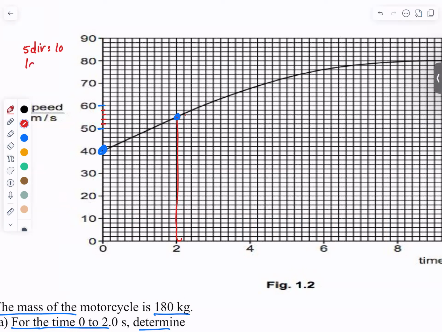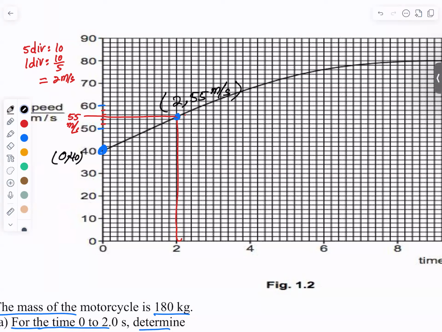And one division will represent 10 over 5, so it's 2 meter per second. So it's 52, 54, and I think it is 55. So this point is 55 meter per second. So we have 2 seconds and 55 meter per second, and 0 and 40 meter per second.